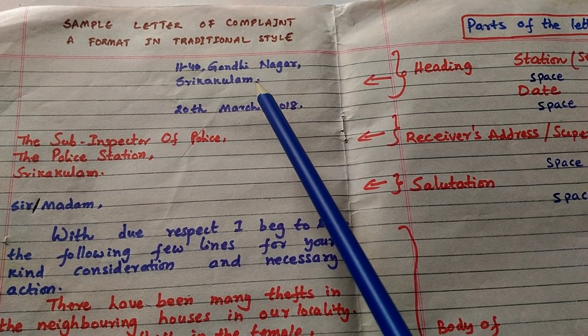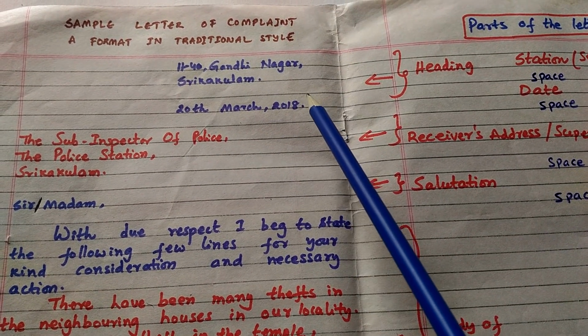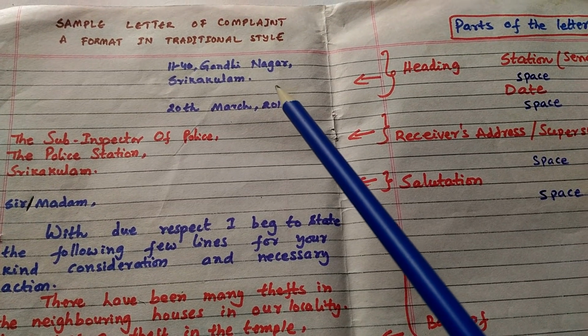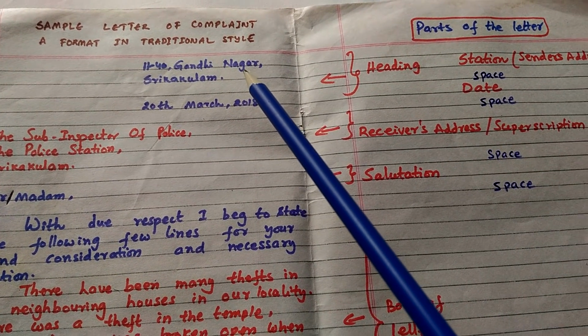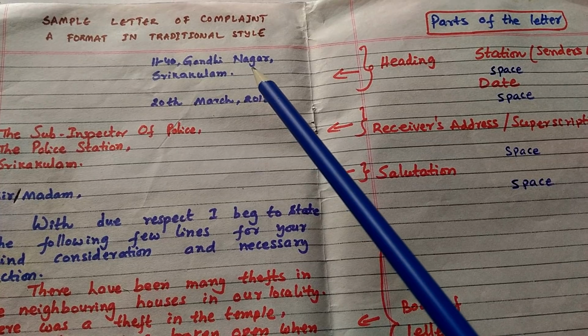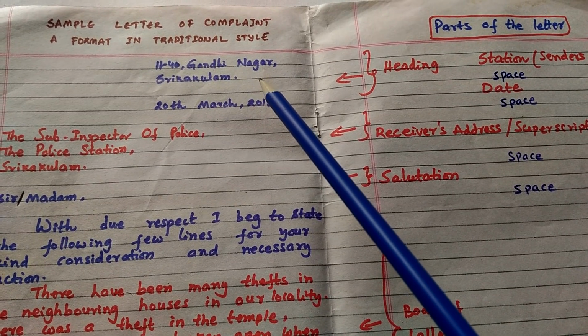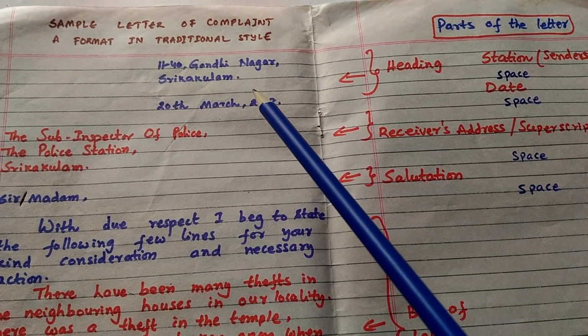With this we have completed writing the station. This is the address of the sender. And after writing this address of the sender, we have to give one line space.